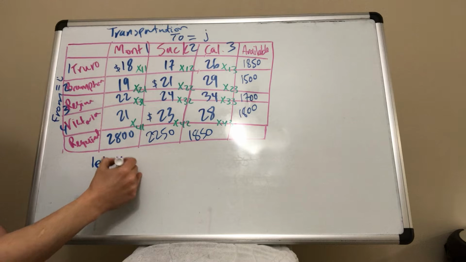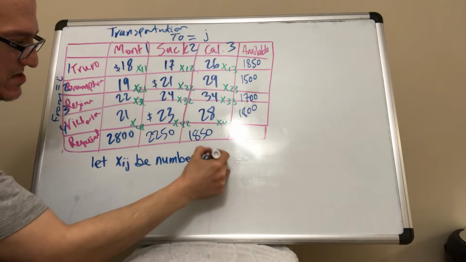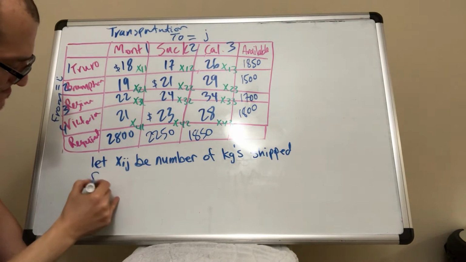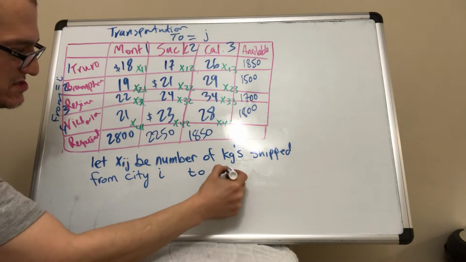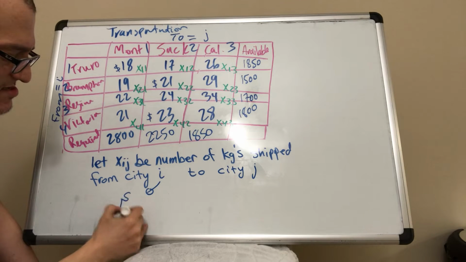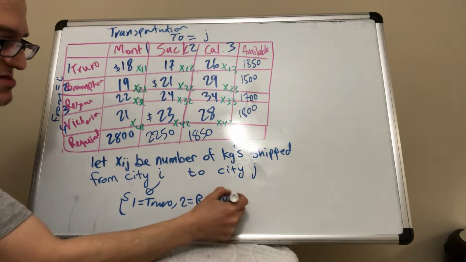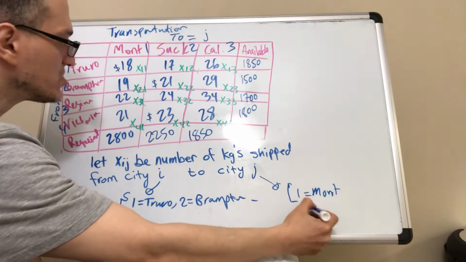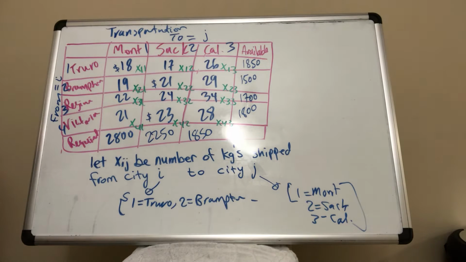Let Xij be number of kilograms shipped from city I to city J. And you can define I by saying 1 equals Truro, 2 equals Brampton, till the end, and J, say 1 equals Montreal, Saskatoon, Calgary. So you do this for both of them when you define the variables. Good?